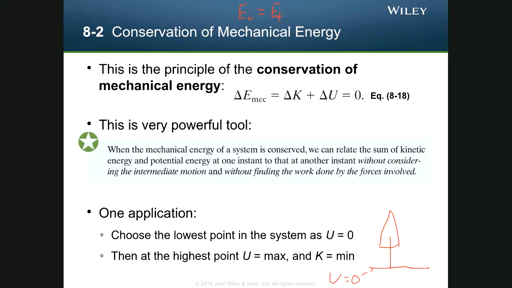Now, when you do this, say you have a plank here. So this plank would be U is max. And when you have your maximum potential energy, you'll have a minimum in kinetic energy. The more you drop, the faster you get as you go down, the more kinetic energy you pick up. So that is one way in which we'll solve problems.